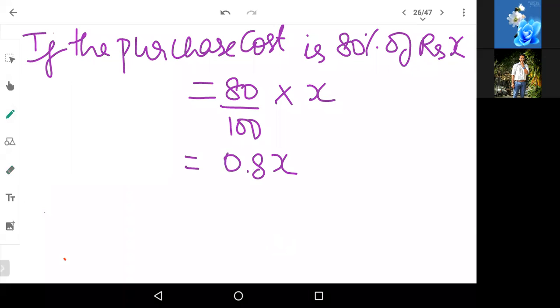This is going to be my purchase cost in scenario 2. Did you all understand this part? Everybody is clear?